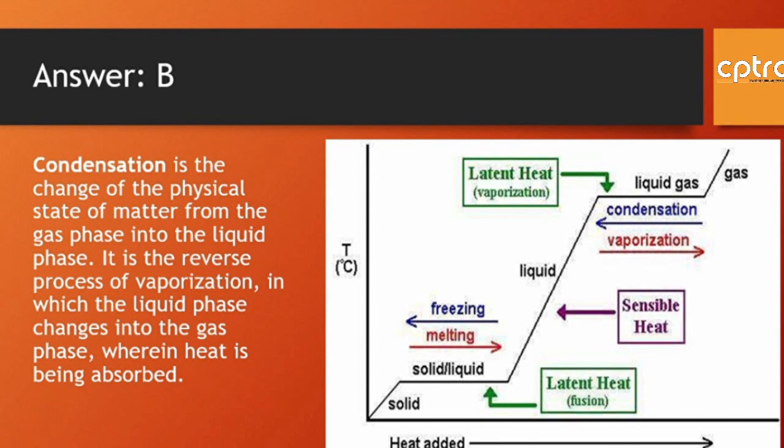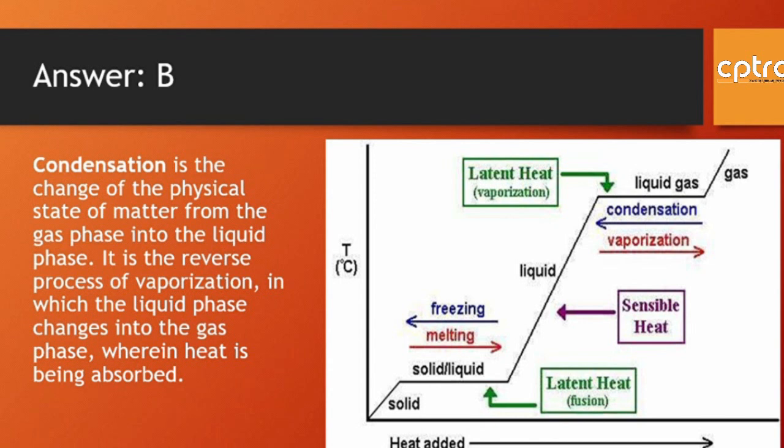So when heat is absorbed by the system, the solid will undergo melting. It will become liquid, and that heat is what we call the latent heat of fusion. Later, if the heat is continuously absorbed, the liquid will become gas. So there is another form of heat being absorbed.